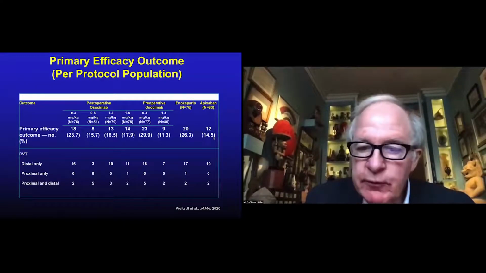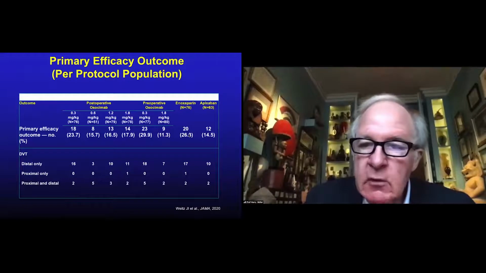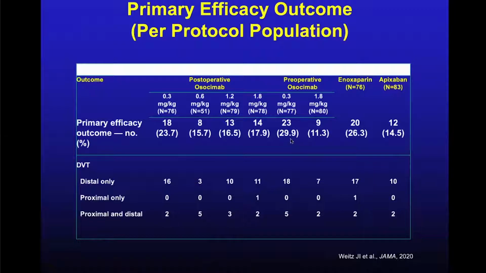Apixaban is 14.5%, enoxaparin is 26%. But if you look at either the post-operative or the pre-operative starter doses, looking at the primary efficacy outcome, they never get lower than, in the post-operative highest dose, 11%. So non-inferior, if you want, to apixaban, though not at the level of 3 to 4%.